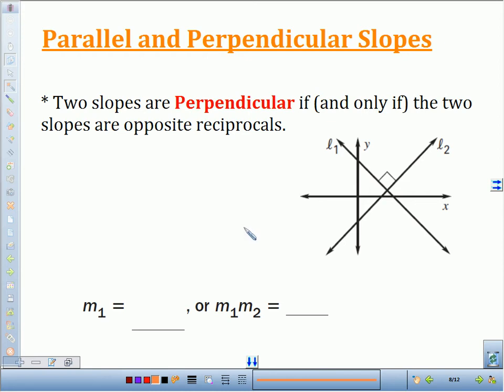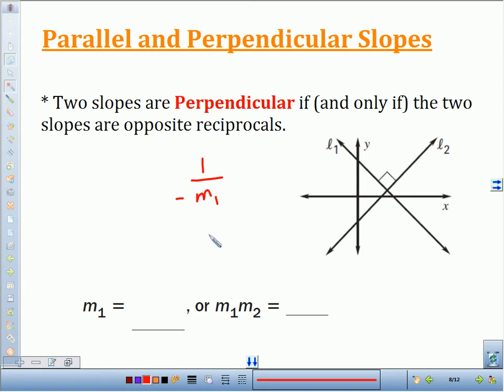Two slopes are perpendicular, as I said, if the slopes are opposite reciprocals. Opposite reciprocals are a little unusual. It's not something that we see a lot in our day-to-day lives. Basically, if we have the slope of L1, and that's M1, the opposite reciprocal of M1 would be 1 over negative M1.